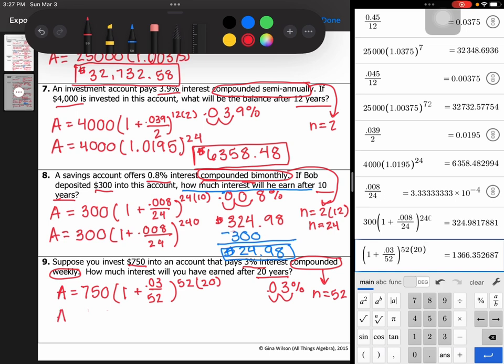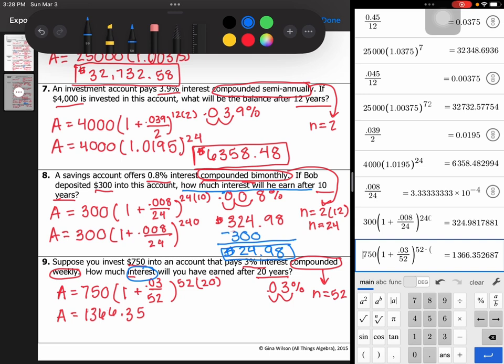So here we see that he will have earned, let me make sure I type this in right before I confidently write it down. Yep, okay. So $1,366.35. But he wants to know how much interest will be earned.